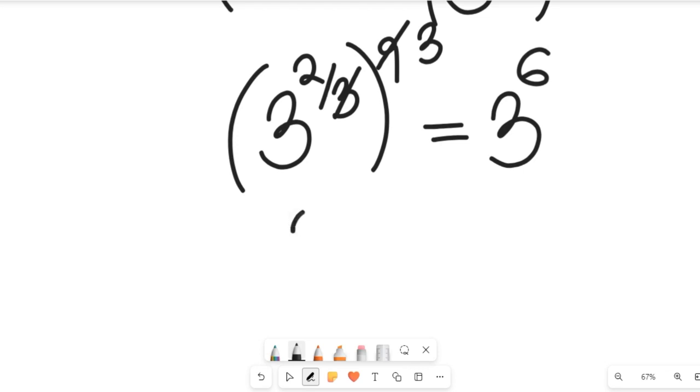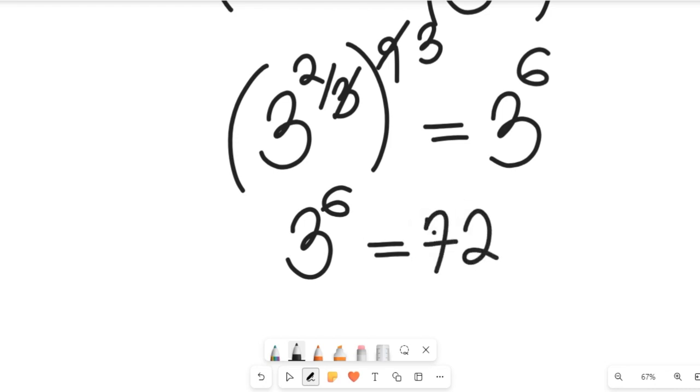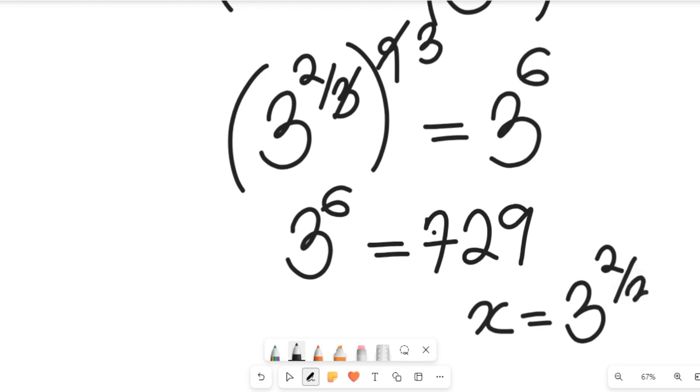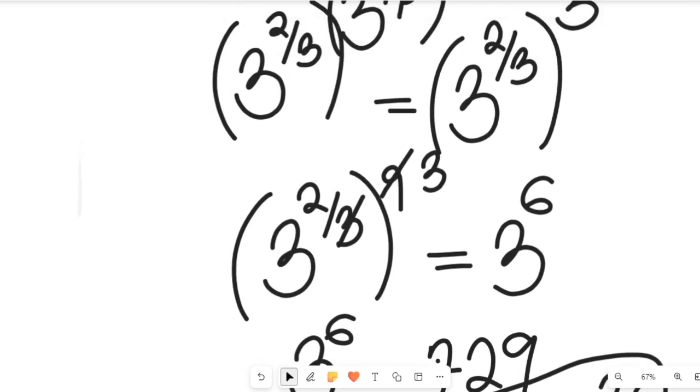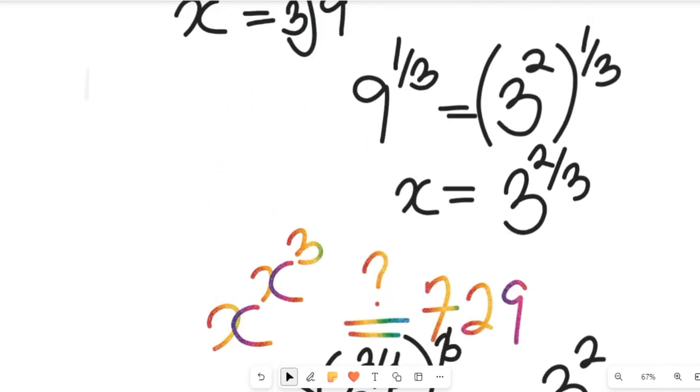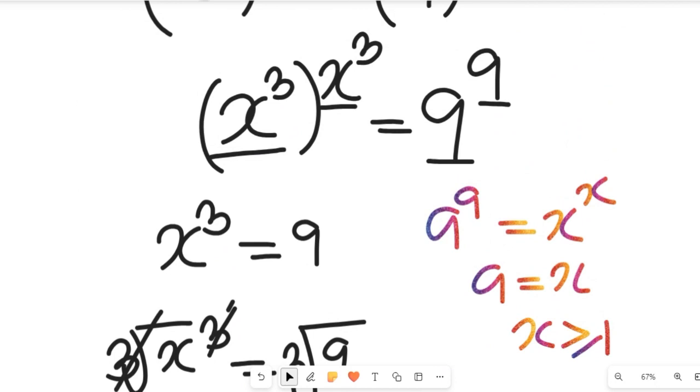Let's point our calculator. We'll have 3 to the power of 6. Is it equal to 729? Sure, it is. That is 729. So that tells us that x equal to 3 to the power of 2 divided by 3 is the solution that truly satisfies the exponential equation given to us up here.